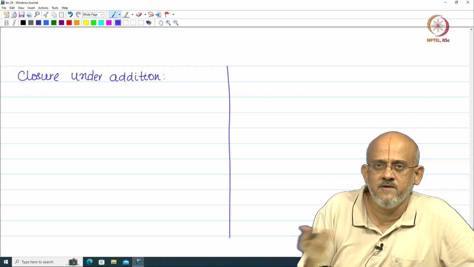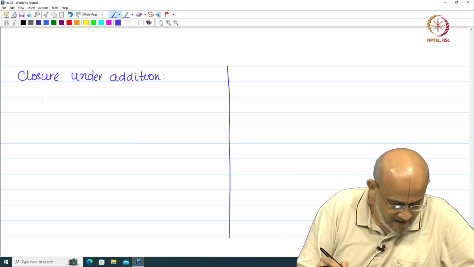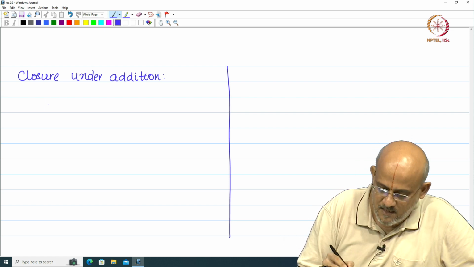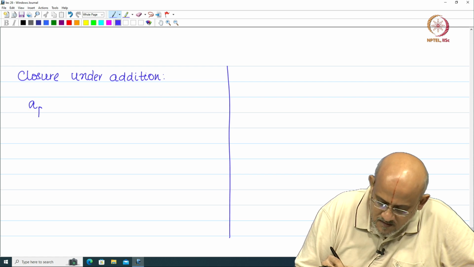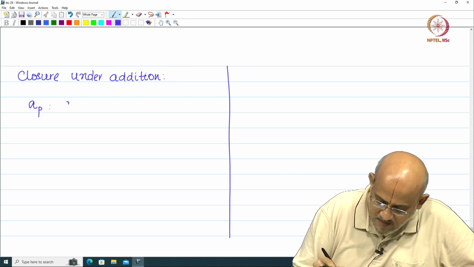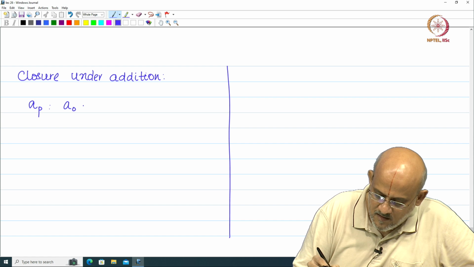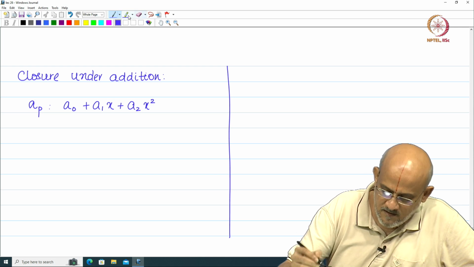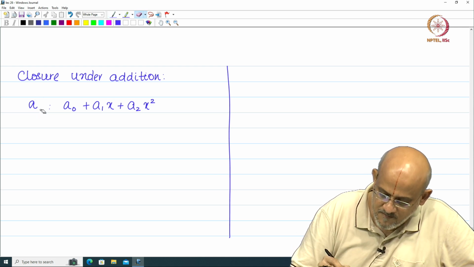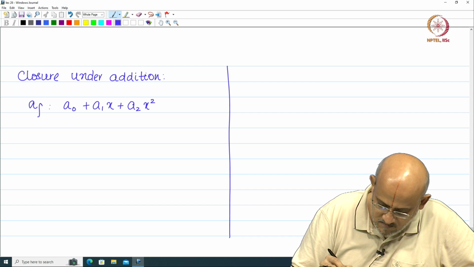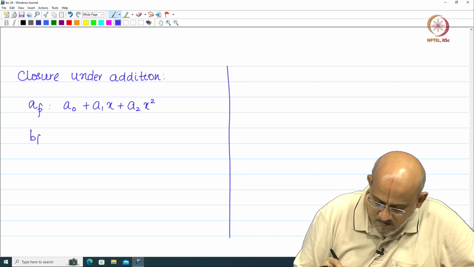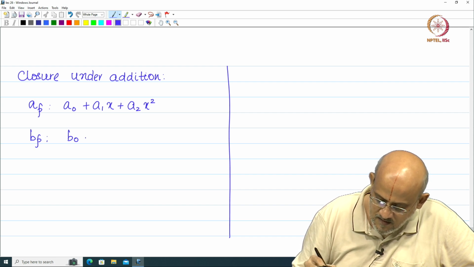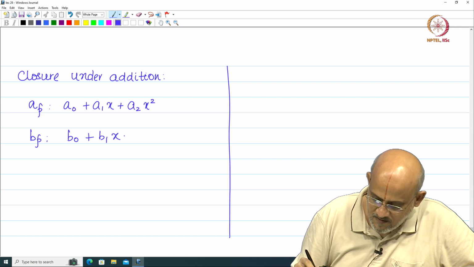We know how to add two polynomials. Say for example, I have two polynomials, script P of the form A naught plus A1x plus A2x squared, and script Q of the form B naught plus B1x plus B2x squared.